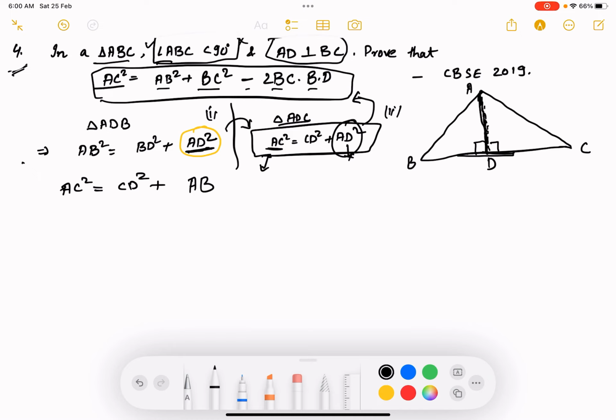This is equation 1 and this was equation 2. So writing AD square as AB square minus BD square, we have AB square also. Then these two terms. So again we have AC square is equal to AB square plus CD square minus BD square.